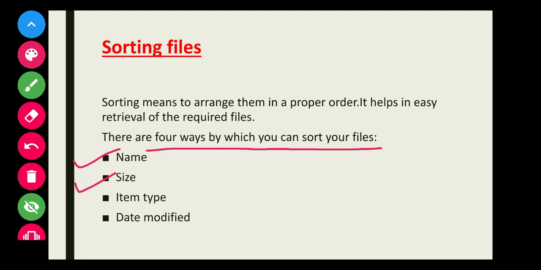This will arrange your files in descending order of your file size. The next is item type. It groups the files based on their type. The next is date modified. It organizes your files according to the date they were last modified.